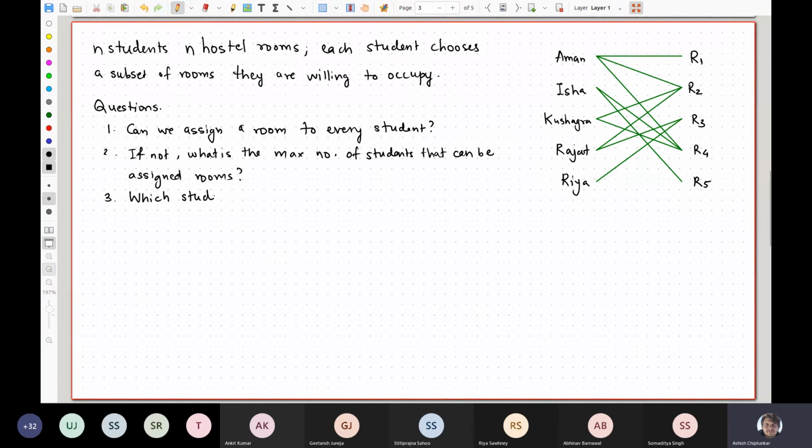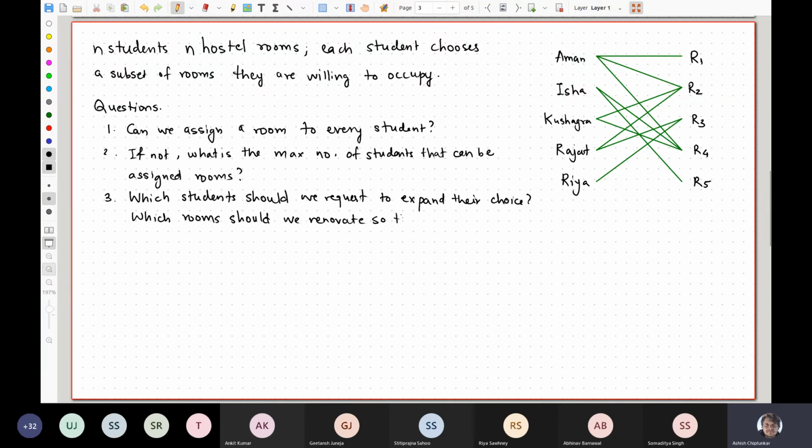Which students should we request to expand their choice, or which rooms should we renovate so that more students prefer them, more students like them? So this is a bit vague, so we'll do that in the next class.